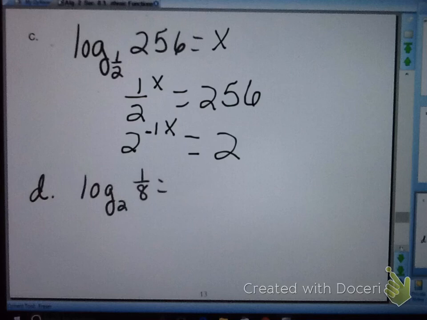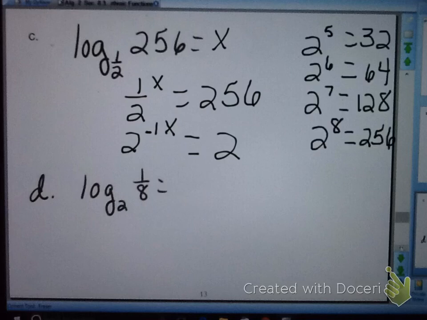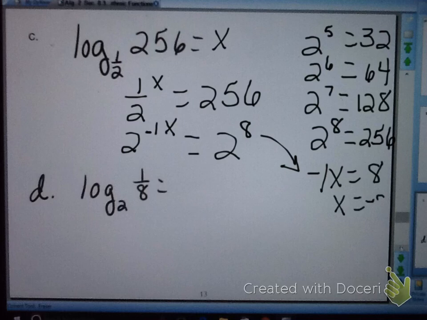So pause the video and get your calculator, and try to figure out 2 to what power gives you 256. Okay, so 2 to the 8th is 256. And then negative 1x is equal to 8, divided by negative 1, so x is equal to negative 8.